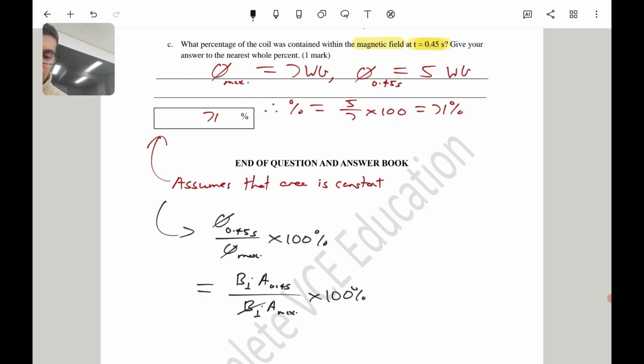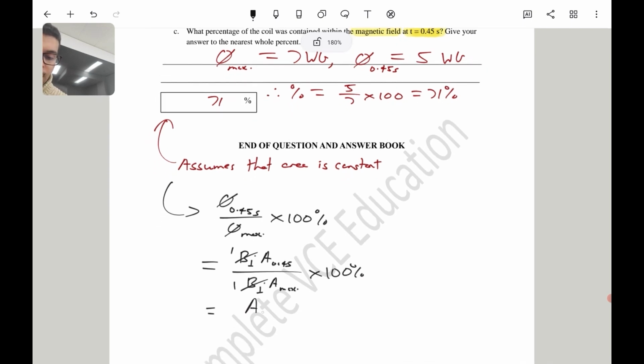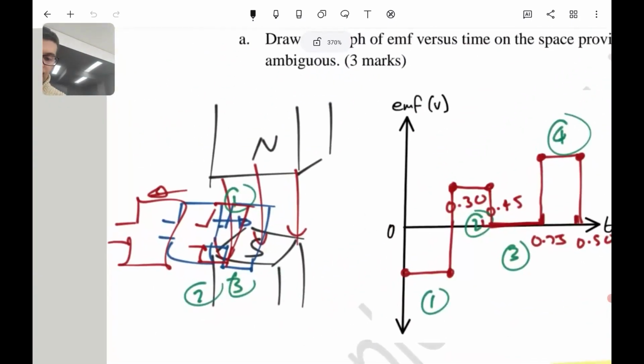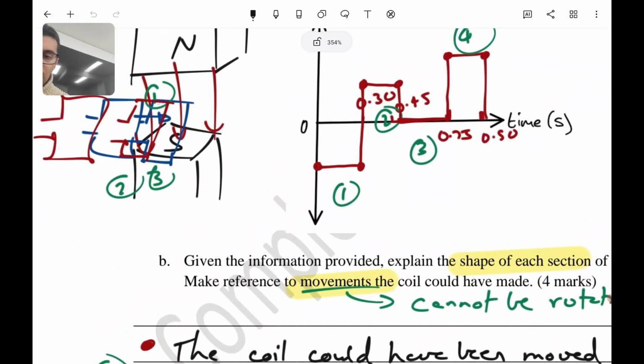You can see how the magnetic field strengths cancel out. So really what we're doing is dividing the area of the coil that is within the magnetic field at 0.45 seconds by the total area and multiplying by 100. The maximum is the total area that is relevant. So you're dividing the partial area, the area that's just partially within the magnetic field, by the entire area.